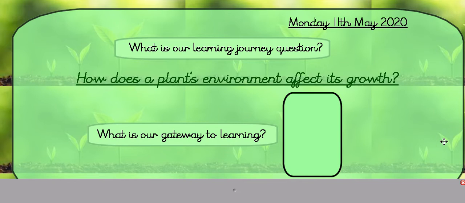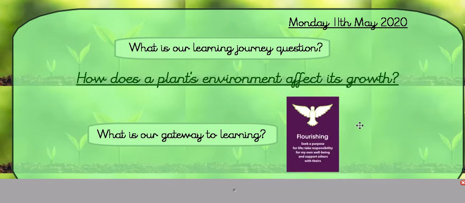And I wonder if anybody could also remember what our gateway to learning is. Can you remember what we looked at a couple of weeks ago now? We started thinking about it, and we're going to be thinking about it even more throughout our learning journey. That's it, well done. It is flourishing. So seeking a purpose for life, taking responsibility for my own well-being and supporting others with theirs.